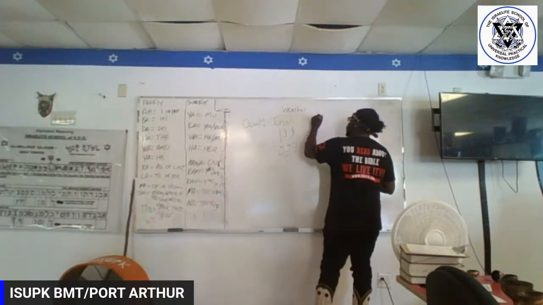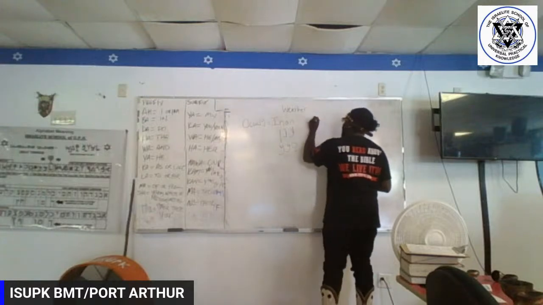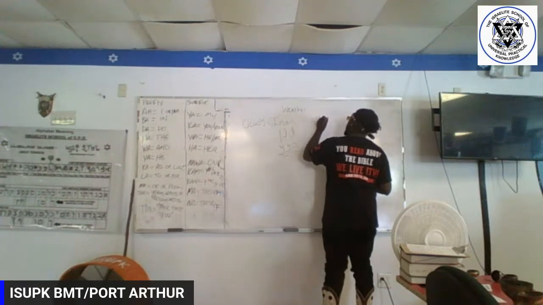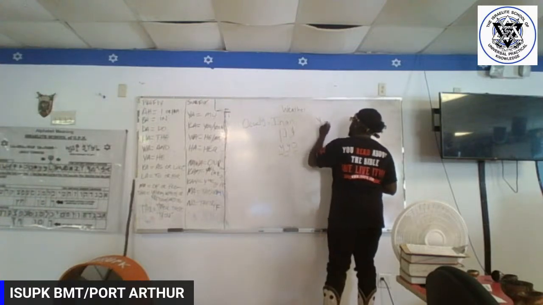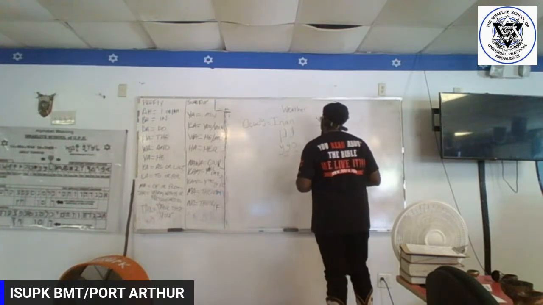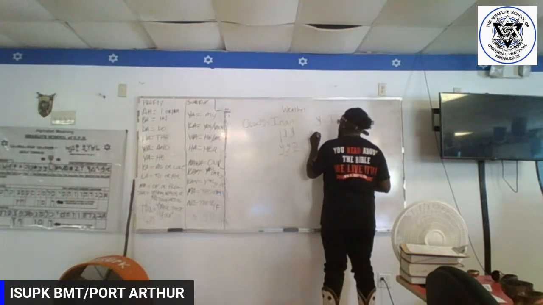Okay, so we have our first letter, which is I. Our second letter is Na, which is the Assyrian right here.